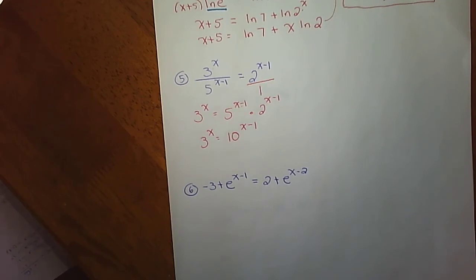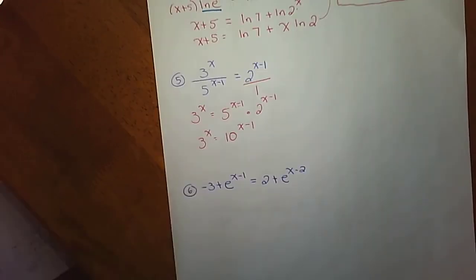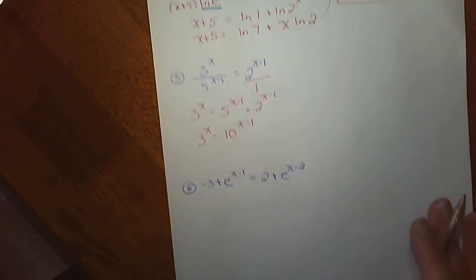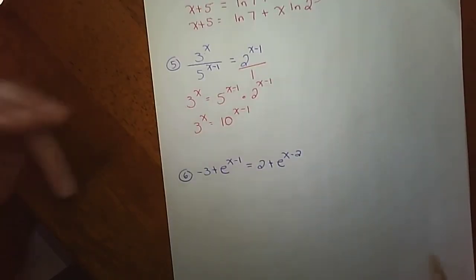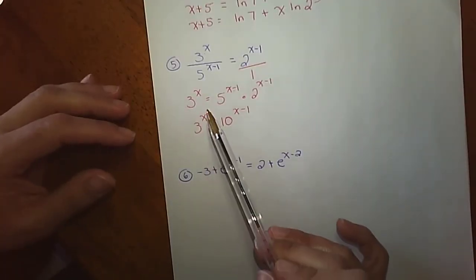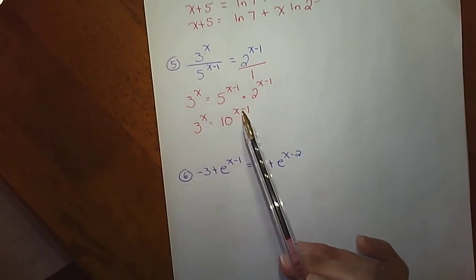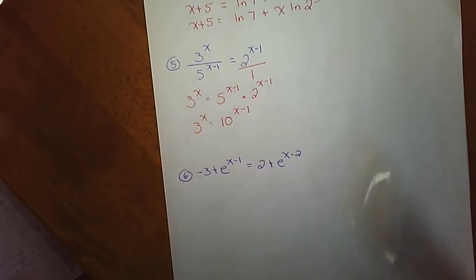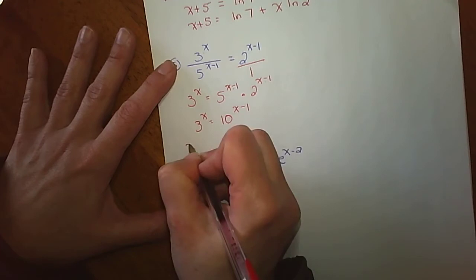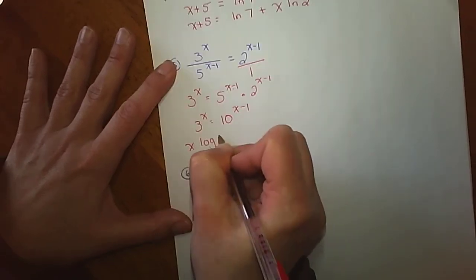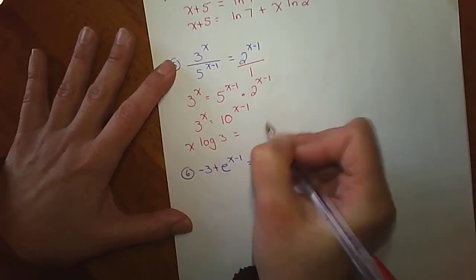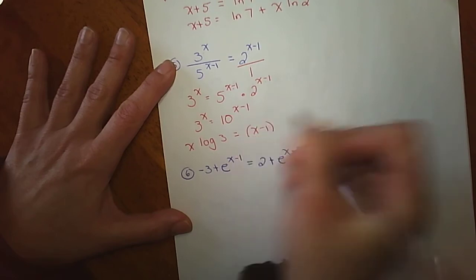And now we're going to log it. So I'm going to log this guy. Now, I'm going to start cutting back on the steps. When you log this, what is going to happen to these exponents? That's correct, right? They're going to fall in front. So this becomes x log 3. Now, since there's two exponents here, you want to put it in parentheses.